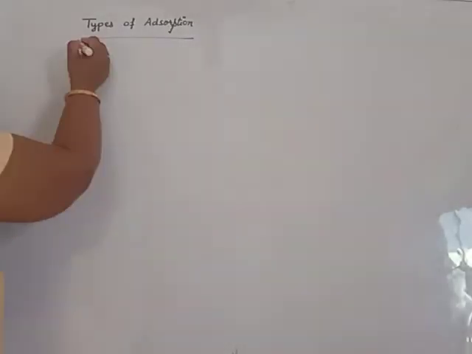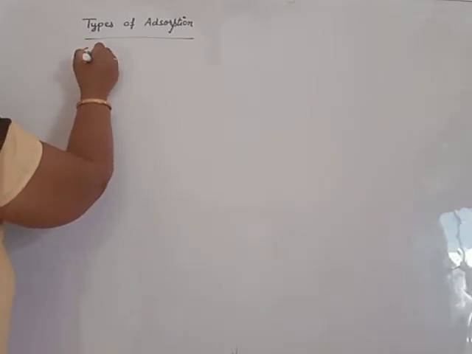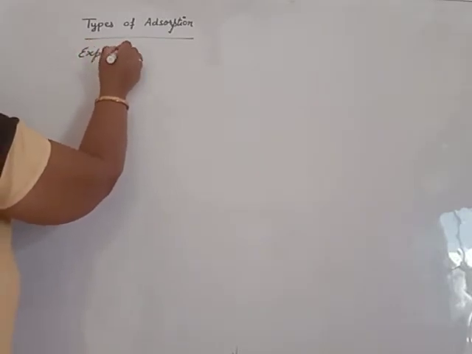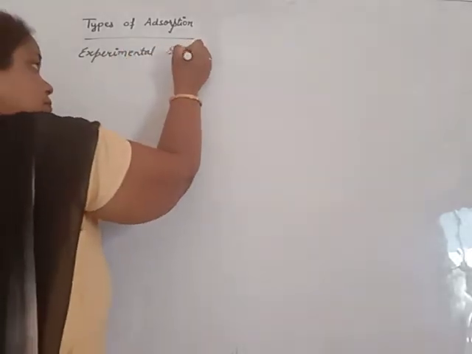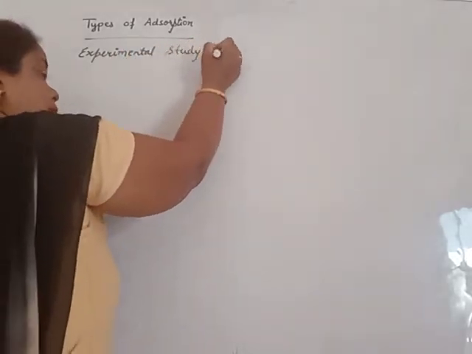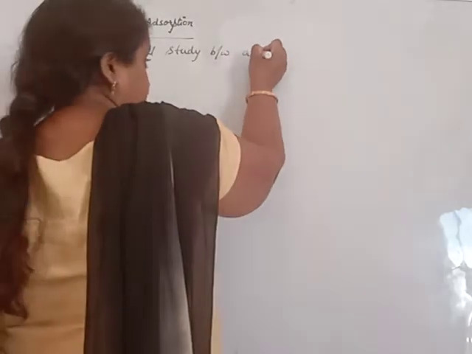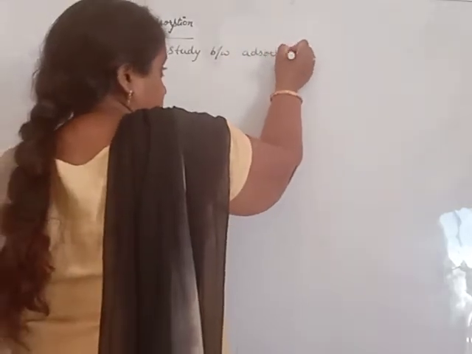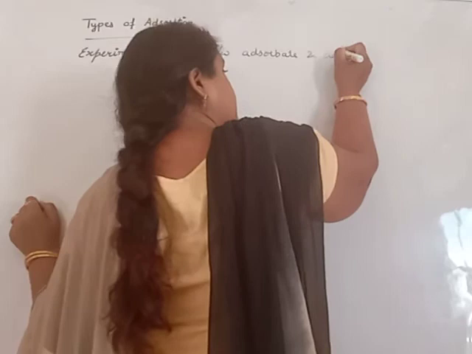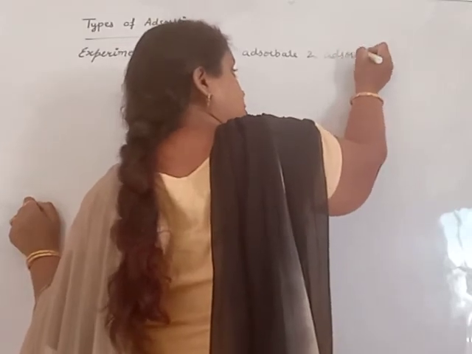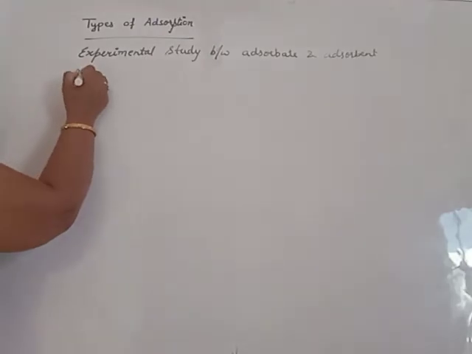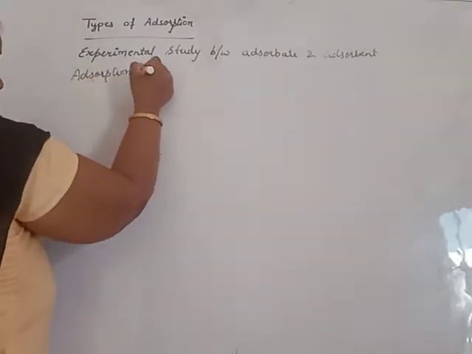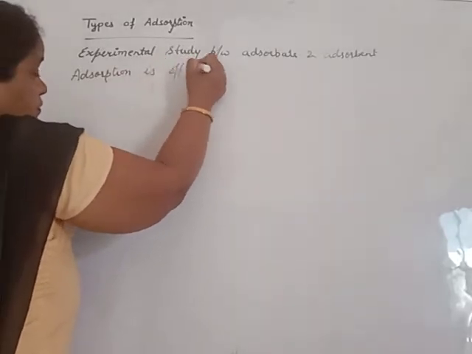Now, another classification, that is on the basis of experimental study or reaction between adsorbate and adsorbent. Beta, next one, on the basis of experimental study between adsorbate and adsorbent during adsorption, adsorption is of two types.